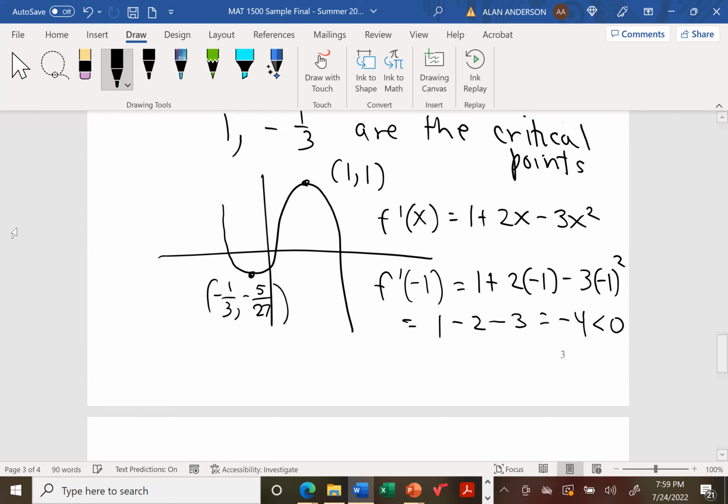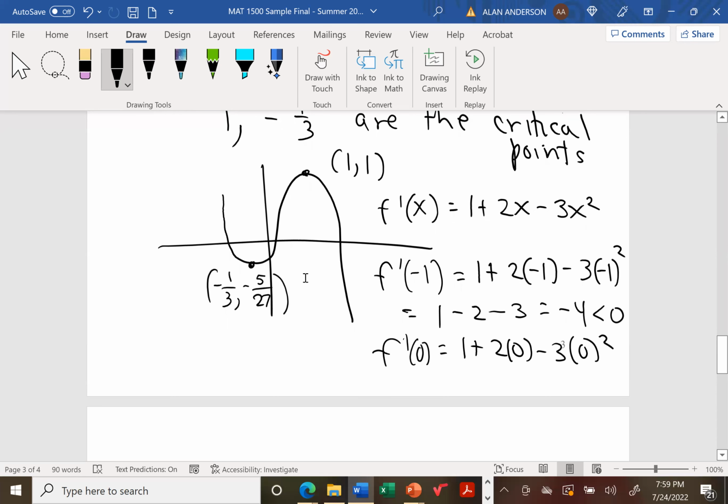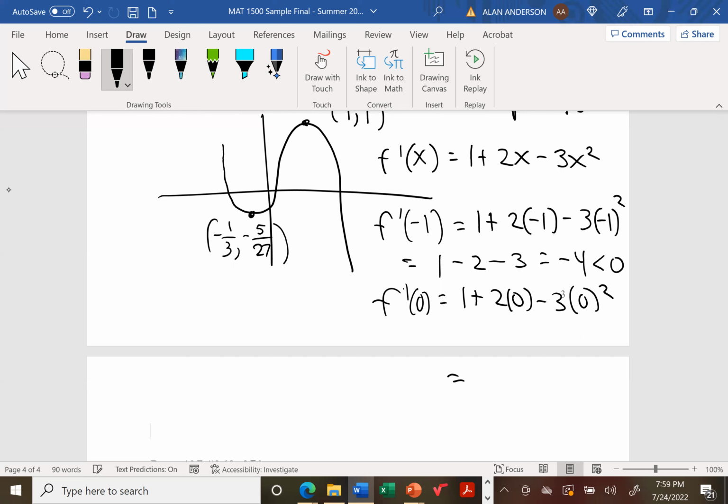So that means the function is decreasing as it approaches this first extremum on the left. So if I then evaluate the first derivative at 0, I'll have 1 plus 2 times 0 minus 3 times 0 squared. And I'll have 1 plus 0 minus 0, which is positive.